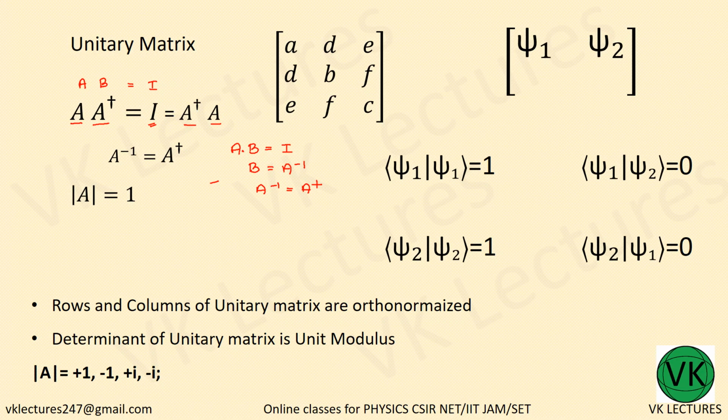That is, for a unitary matrix, the inverse of the matrix A is nothing but A dagger, which is the Hermitian of A. The determinant of a unitary matrix has modulus 1, and this is nothing but the modulus of the determinant.